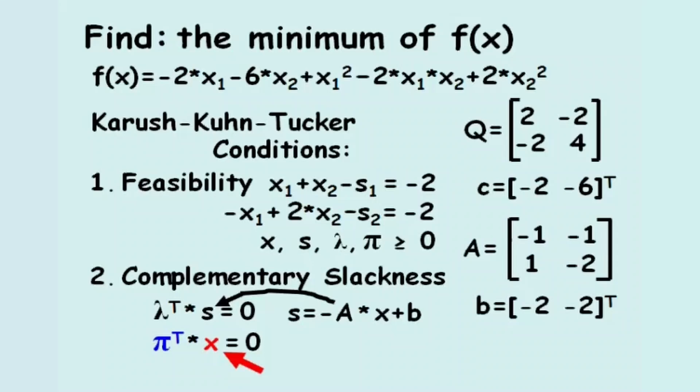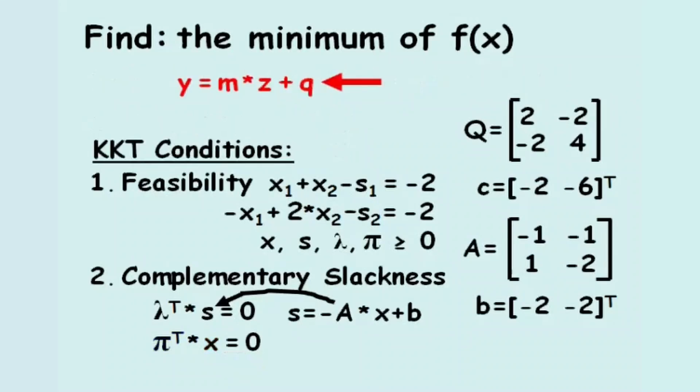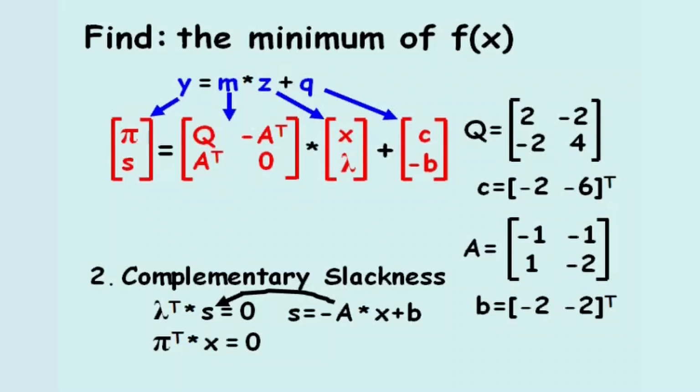Next, we'll formulate an equation y equals Mz plus q, which can be expanded to include our vectors pi, s, Q, A, x, lambda, c, and b. To begin, we'll assume vector y is basic, which means the values are not constrained to equal 0 and must be non-negative to form a feasible solution.